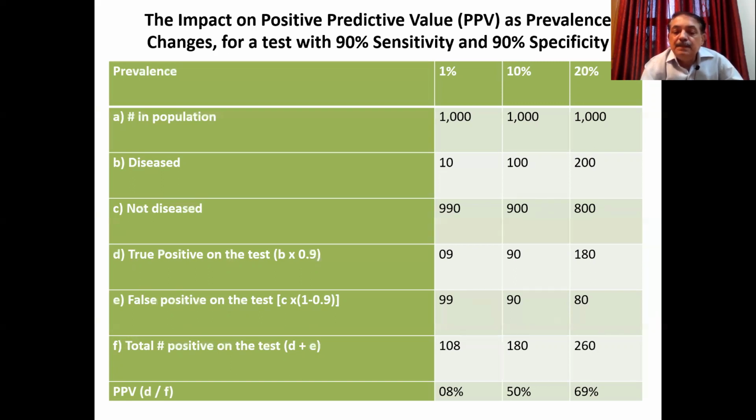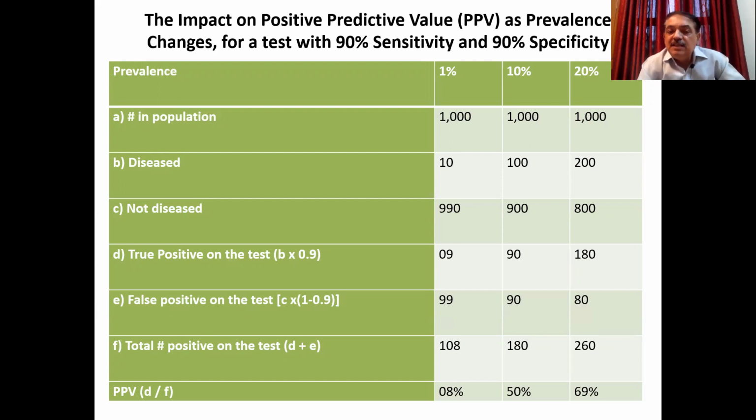And then false positive, we calculate out of not diseased. 90% will be identified as true negative, but false positive will be 10%. So 10% of the 900 non-diseased will be 90. And ultimately, total positive on the test, 90 plus 90 will be 180, and positive predictive value will be 90 out of all the positive test results, 180, that we have calculated 50%.